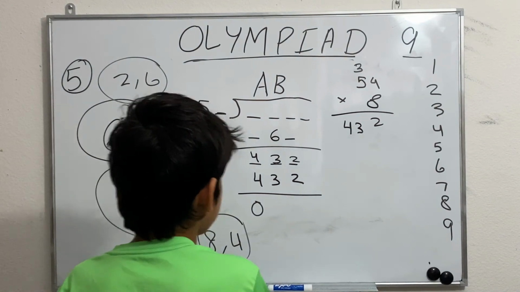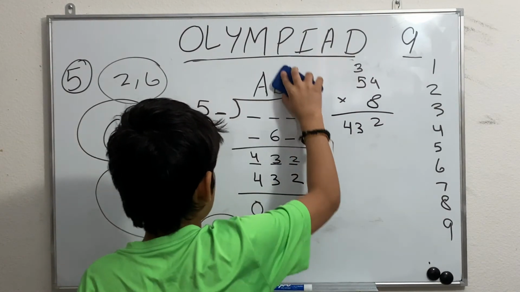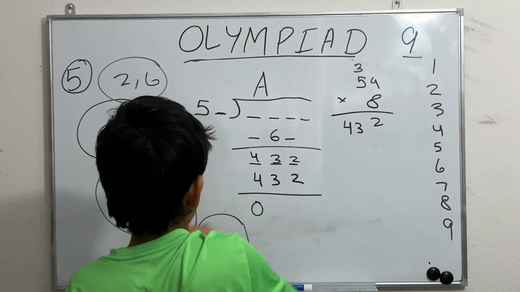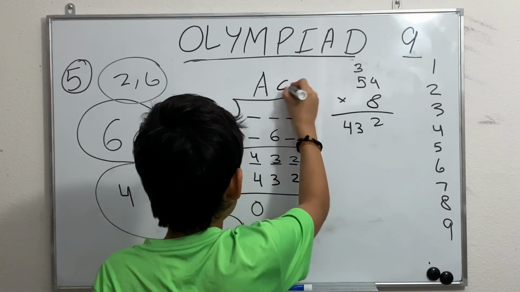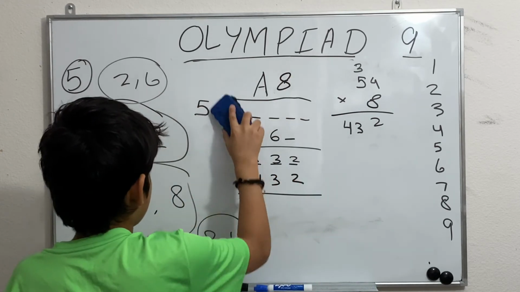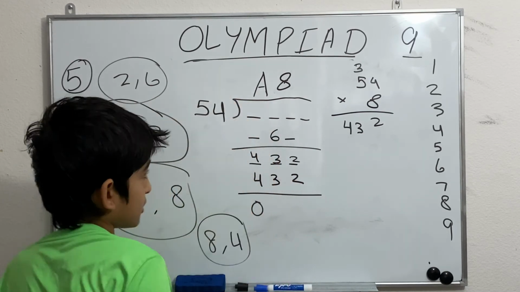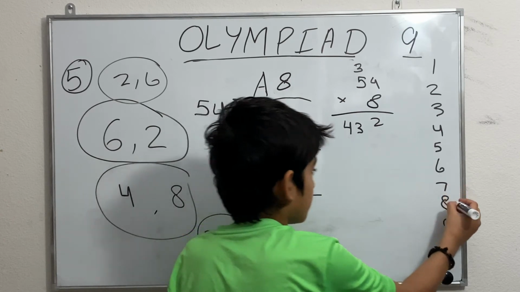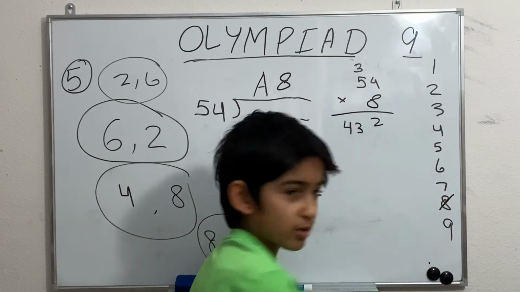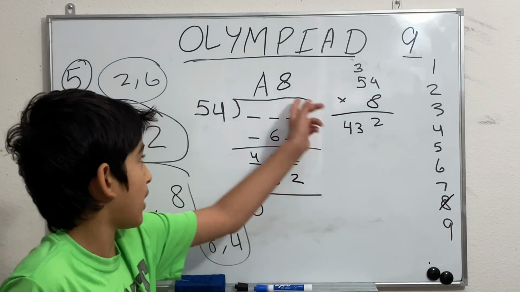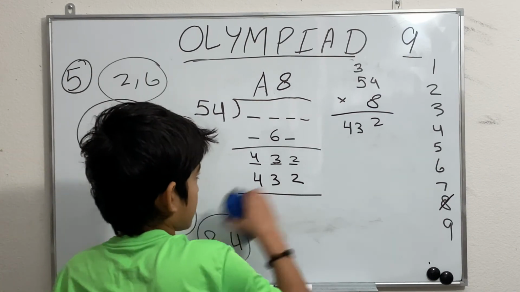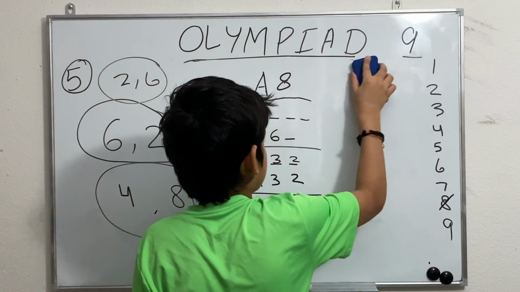So that means B is equal to 8, and this missing digit is equal to 4. Because this is a cryptarithm, we cross out the 8 from the possible values of A. We can just erase this quickly.